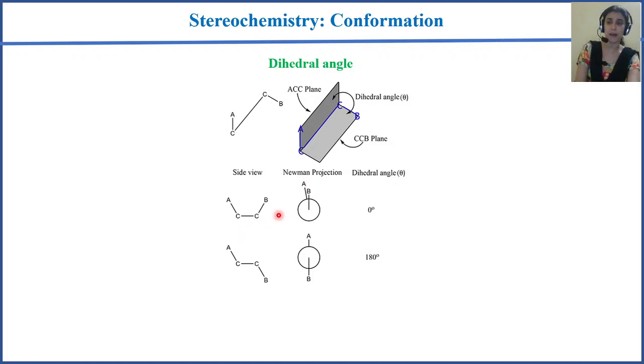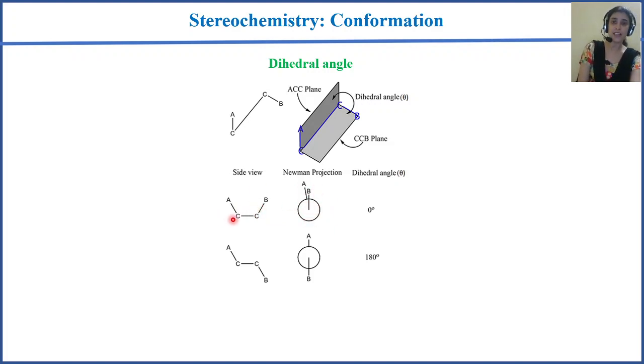So it must be clear that you are viewing the molecule from this side. This is the point from which you are seeing, monitoring the molecule. From this side, when you are seeing this carbon, the CB bond is in front of you.